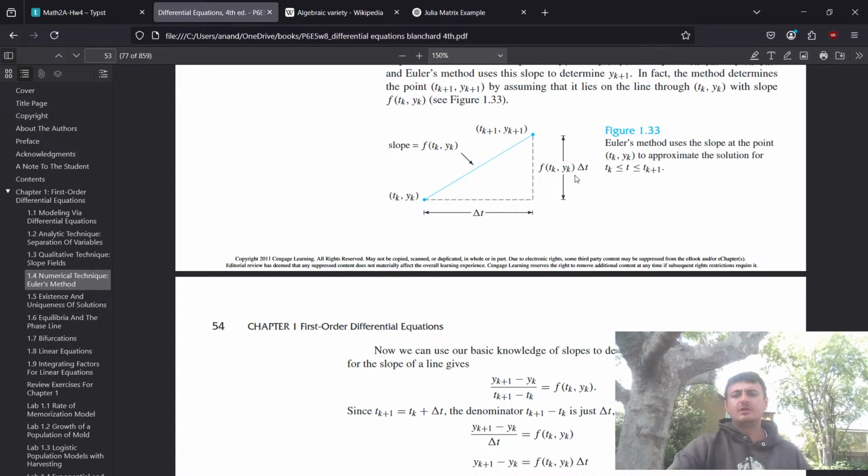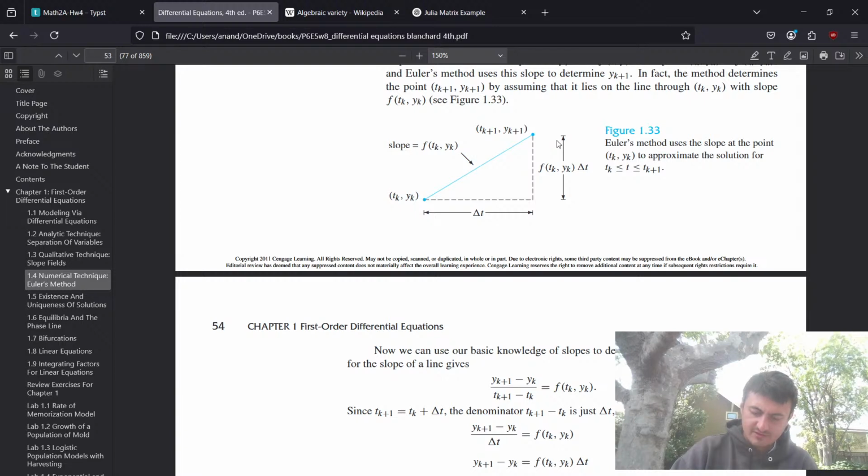Wait, I'm a little confused by this term, f of tk, yk times delta t. Why does that give you the rise? Let's say we have f of ty equal to 2t. So let's say tk is equal to 0 and delta t equals 1.